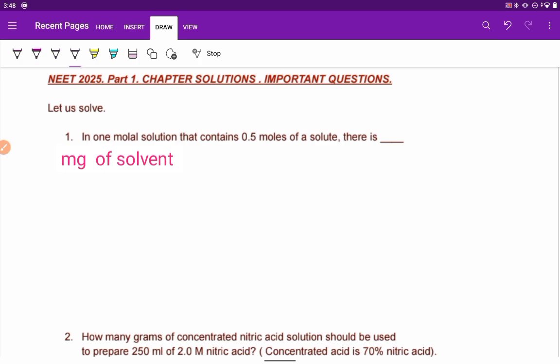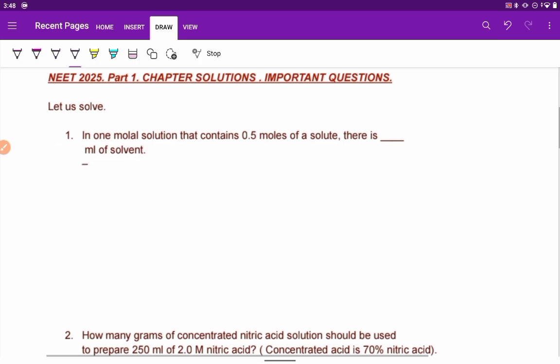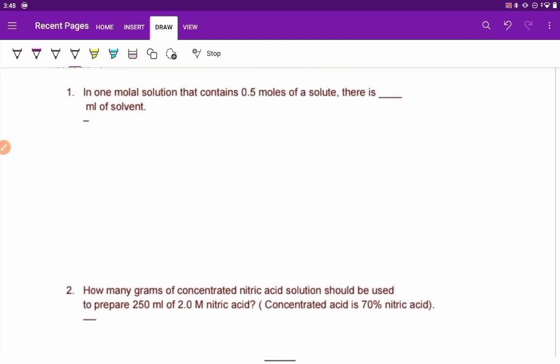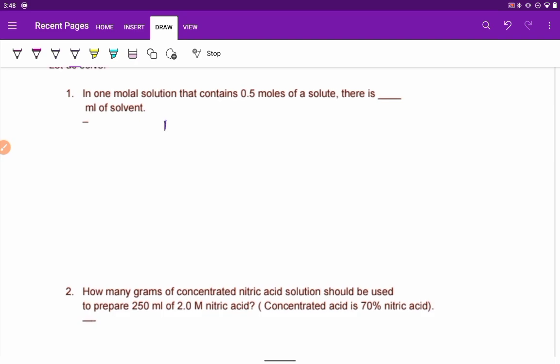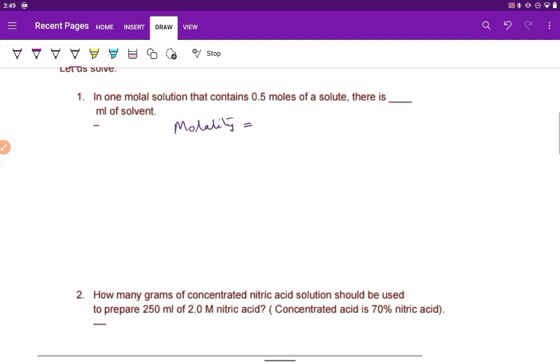Now in this, how to do it? We know that molality is equal to moles of solute by mass of solvent in kg. So what is molality? Molality equal to moles of solute divided by mass of solvent.